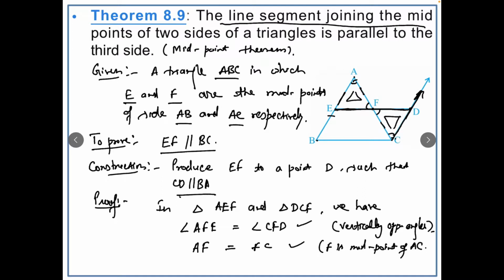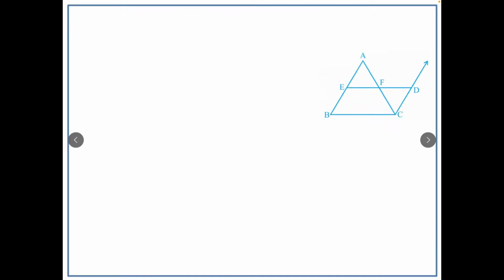Now we come to the third one. In this diagram, we have taken that these two sides are parallel. If these two sides are parallel, then AC will be the transversal.